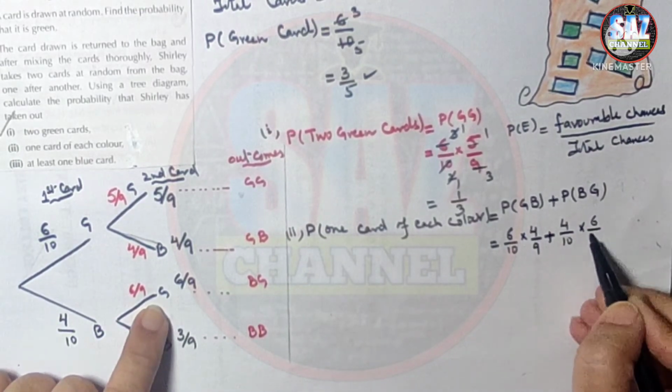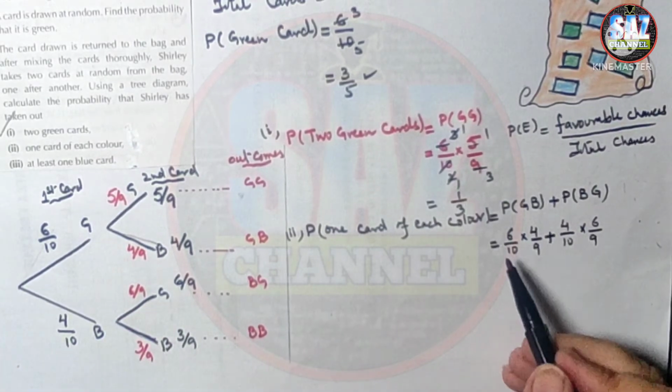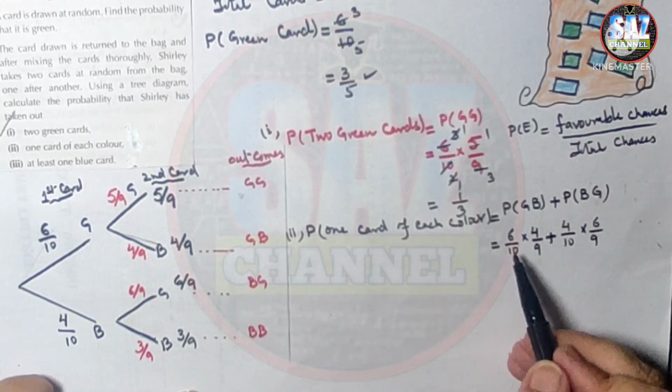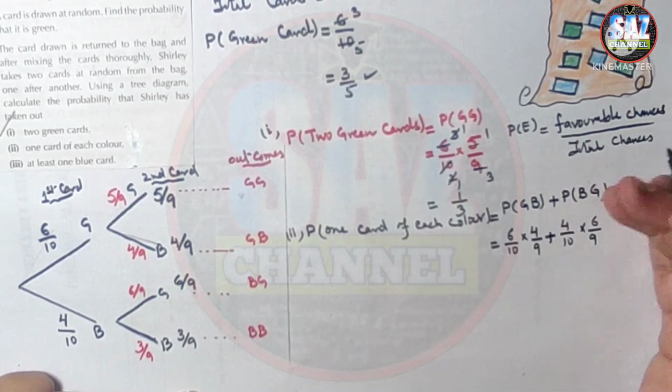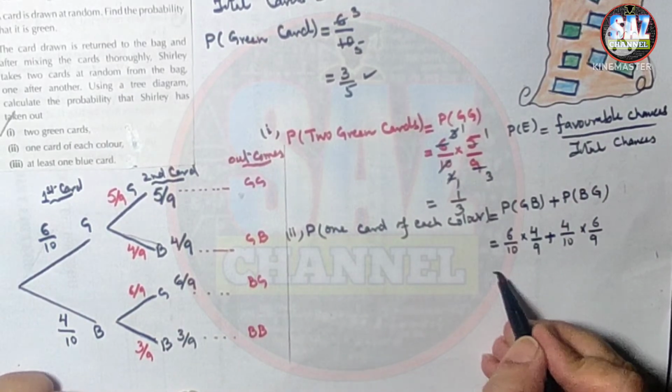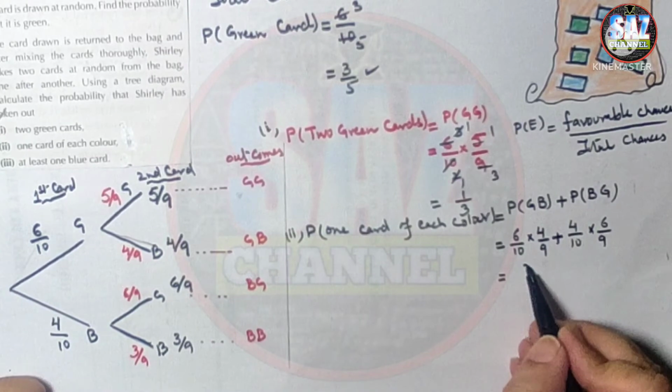If we look at the question carefully, we can see that both the numerator and denominator are same. So what preferably I will be doing, I will not be disturbing my denominator.